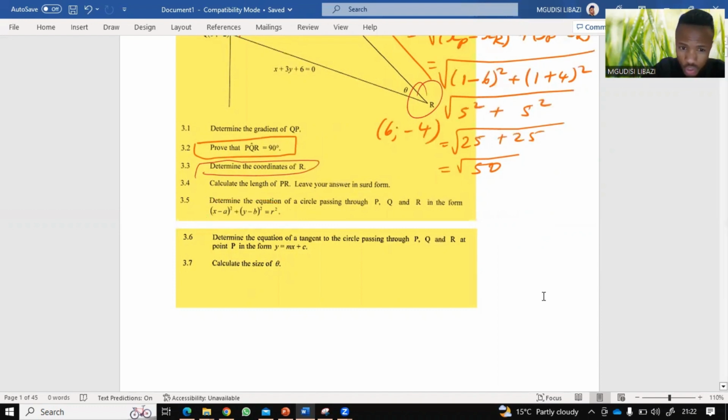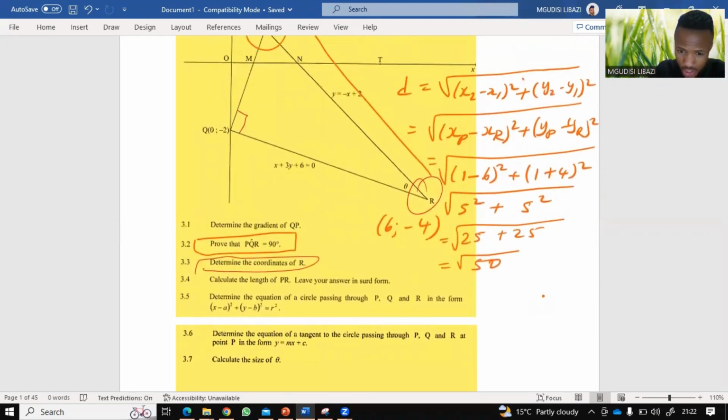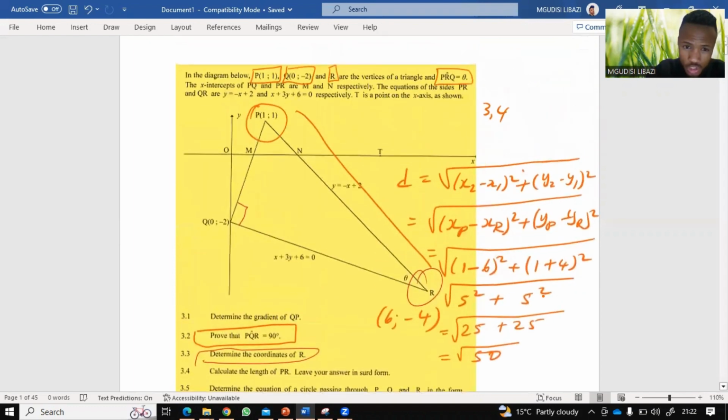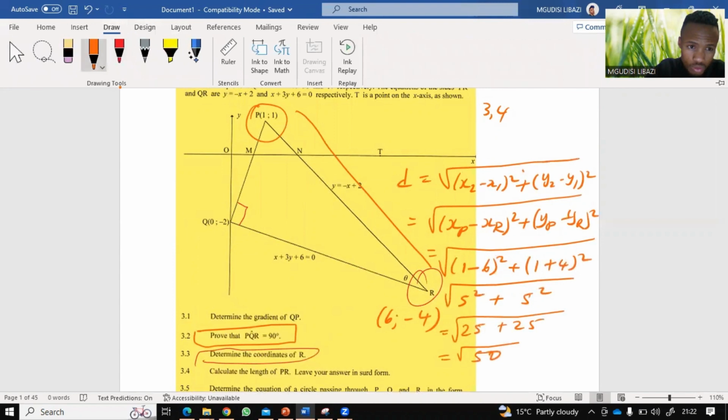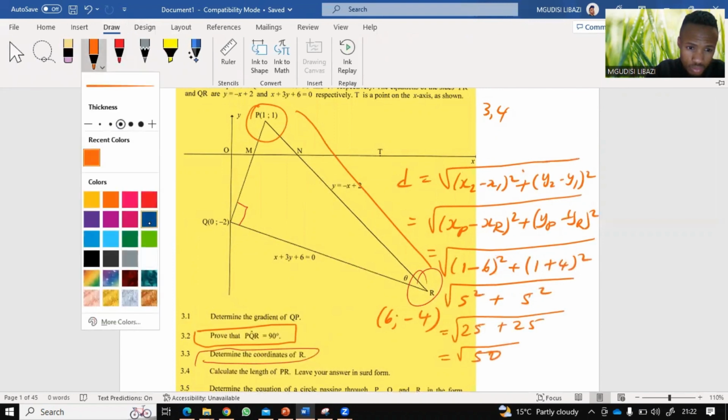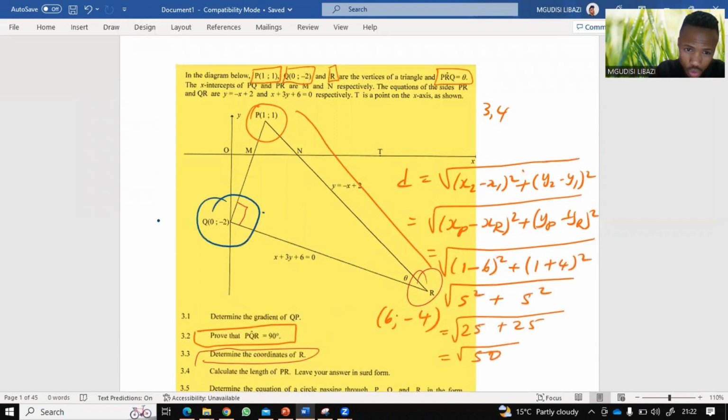So we need the equation of the circle that is passing through P, Q, and R. So this circle must be passing through P, Q, and R. That means we have sort of a circle there that is passing like that.